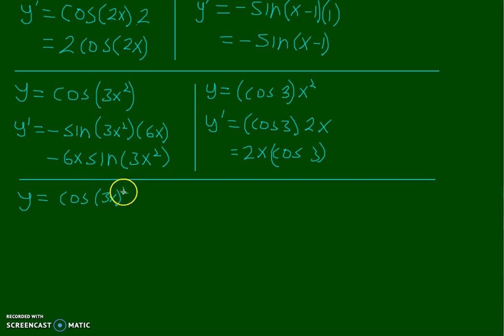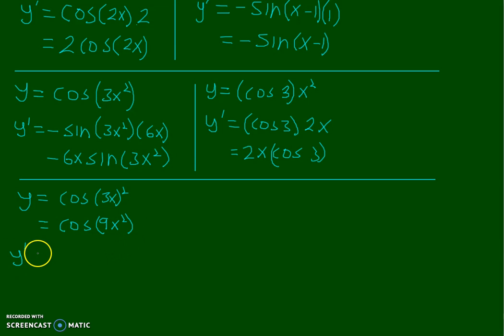This square applies to the thing immediately to its left, so this is the cosine of 3x squared, 3x quantity squared. So with that interpretation, before I differentiate, I want to rewrite this. So this is going to be cosine of 3 squared is 9, x squared is x squared. Now we have something a little easier to differentiate.